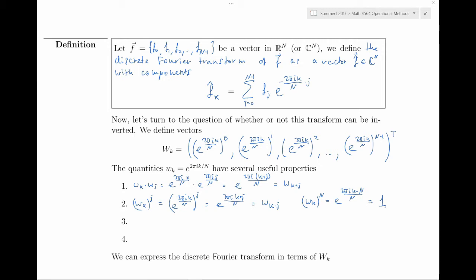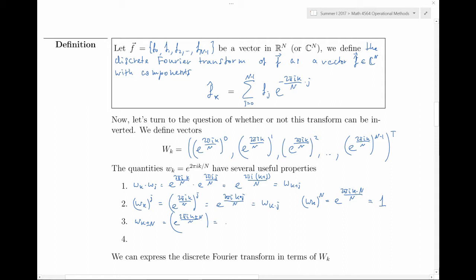Also, we know that these numbers are periodic, so for example, if you take wk and shift the index to the positive or to the negative side by capital N, you're going to get exactly the same as wk. So this is e to the 2 pi i k plus or minus n over n.